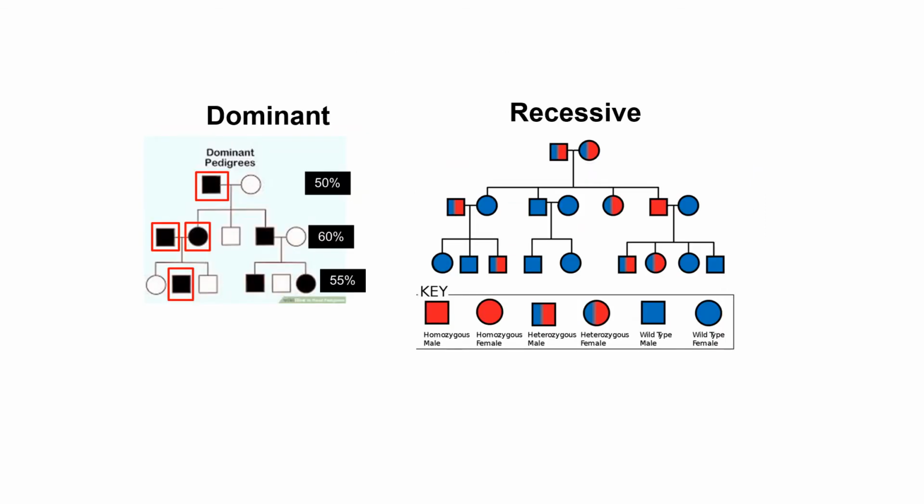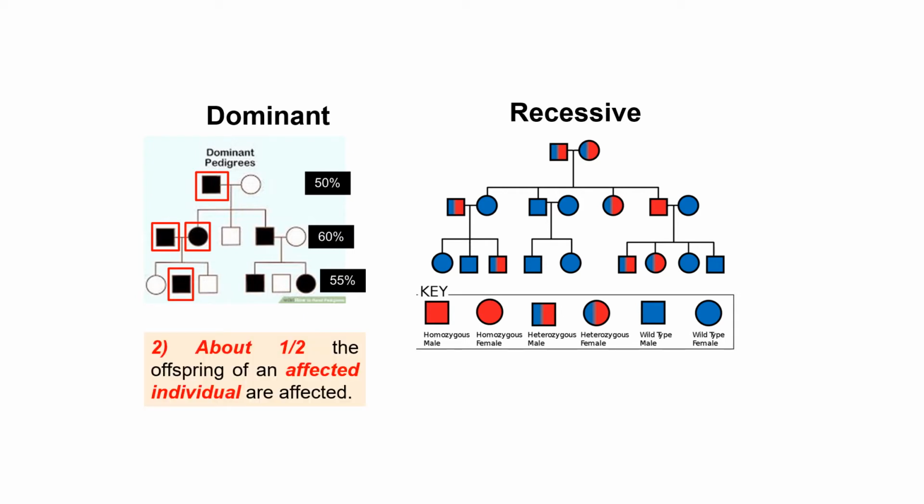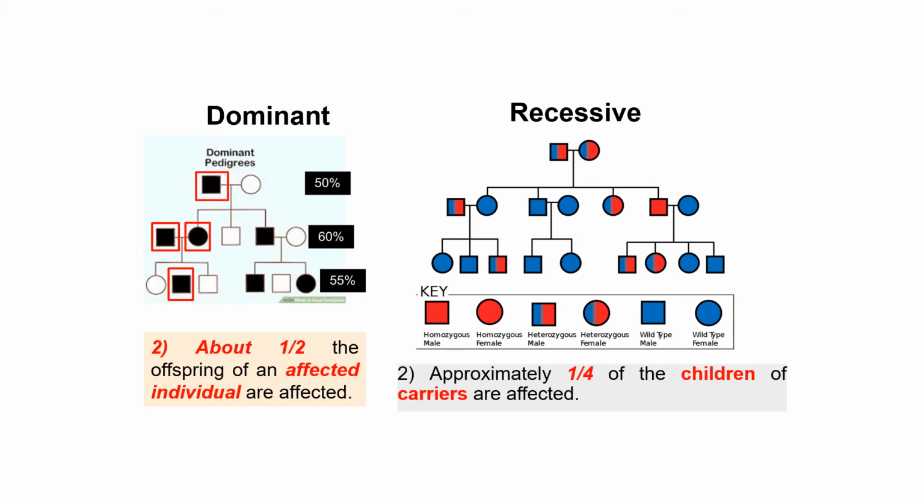Another important thing about the dominant and the recessive mode of inheritance is that about half of the children will be affected if it's dominant, while if it's recessive, 1 out of 4 of the children of carriers are affected.